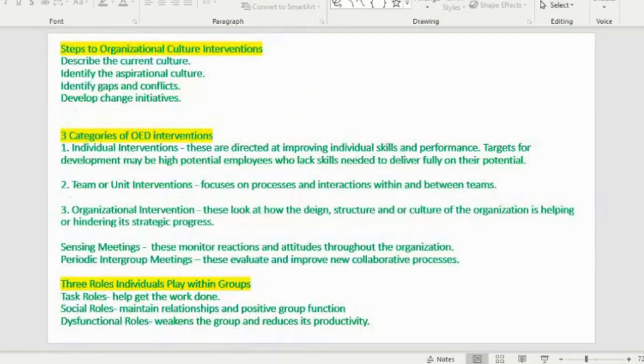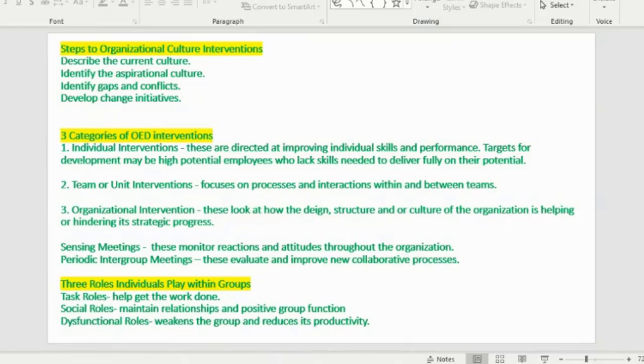Now, steps to organizational culture interventions include describe the current culture, identify the aspirational culture, identify gaps in conflict, develop change initiatives. Now, the three categories of OED intervention include individual, team or unit, organizational.